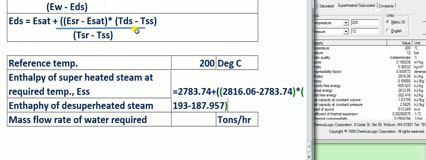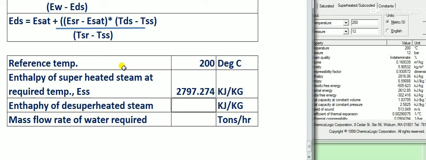Divided by, the same temperature 193, with reference temperature 200 degrees centigrade minus saturation temperature 187.957. Don't confuse: the enthalpy of saturation is common.